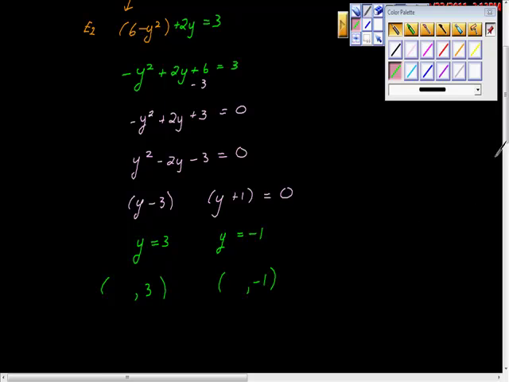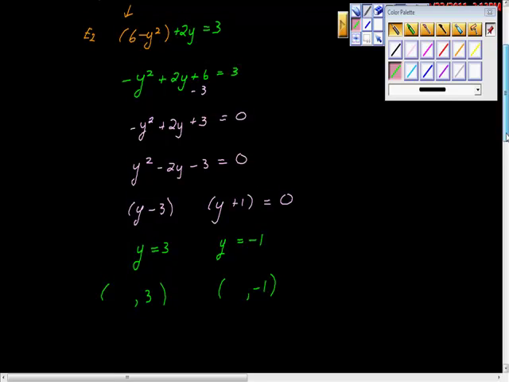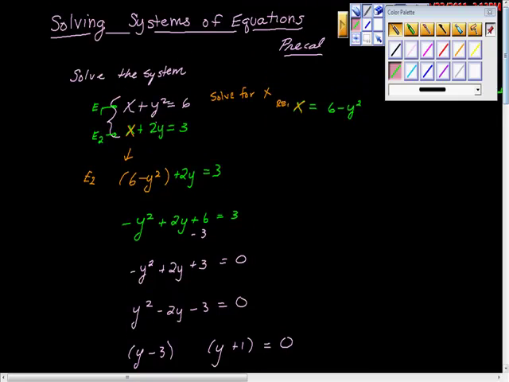Okay, so what are we going to do now? We're going to go back and plug in. If y equals 3, then what is x equal? So I'm going to go up here and put it in here. So x plus 2 times, what do we say, y is 3.